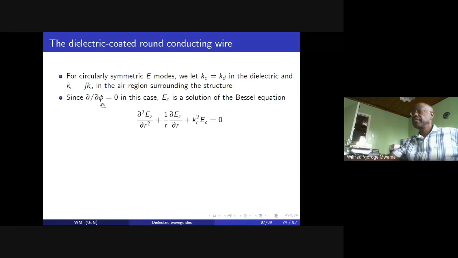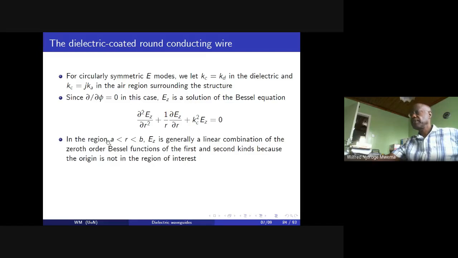And since d/dphi is equal to 0 for the circular symmetry, then Ez will be a solution of the Bessel function of that nature. In the region a less than r less than b, Ez is generally a linear combination of the zero order Bessel functions of the first and second kinds, because the origin is not in the region of interest.